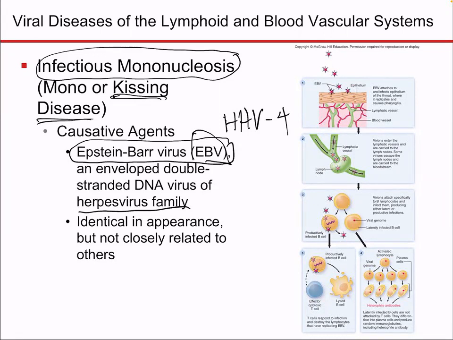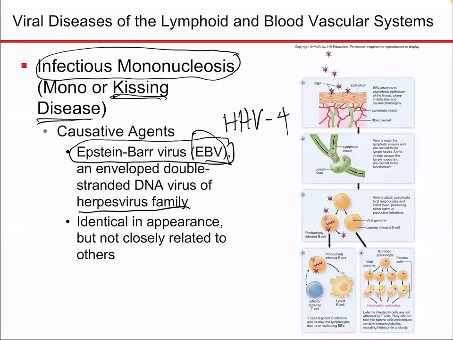When that happens, epithelial cells of the oral pharyngeal area become the portal of entry for the Epstein-Barr virus infection. And the virus is transmitted primarily by this repeated contact with oral pharyngeal secretions.